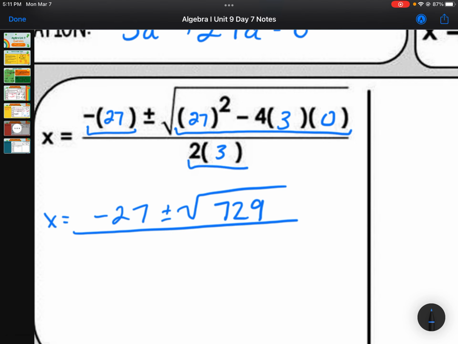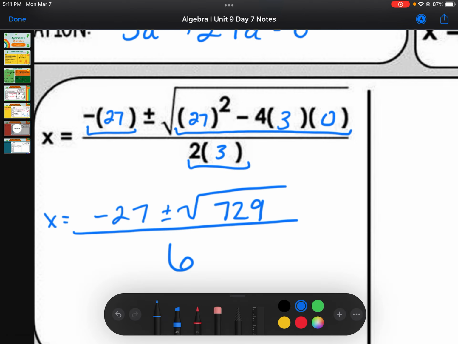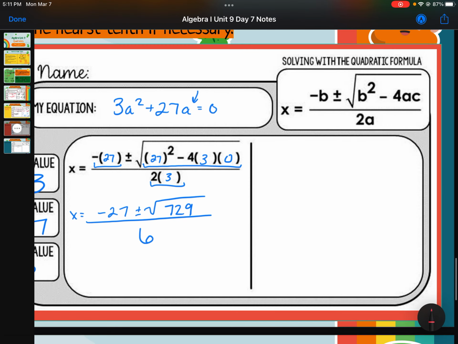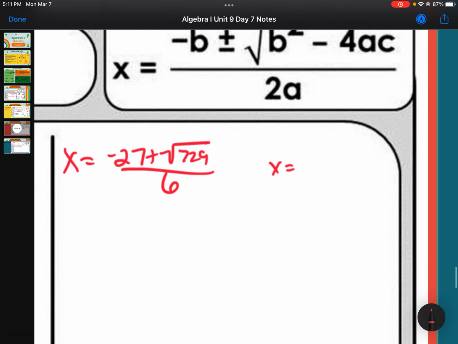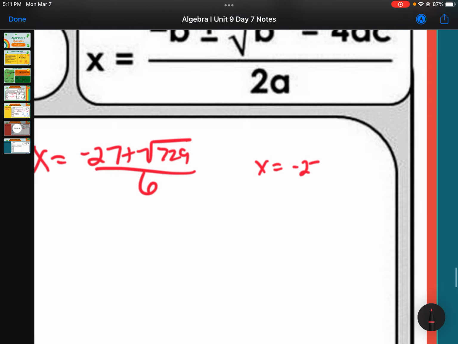All divided by 2 times 3, which is 6. So I'm going to split this up into two problems. I have x equals negative 27 plus square root 729 divided by 6. And the subtraction part, so negative 27 minus square root 729 divided by 6.